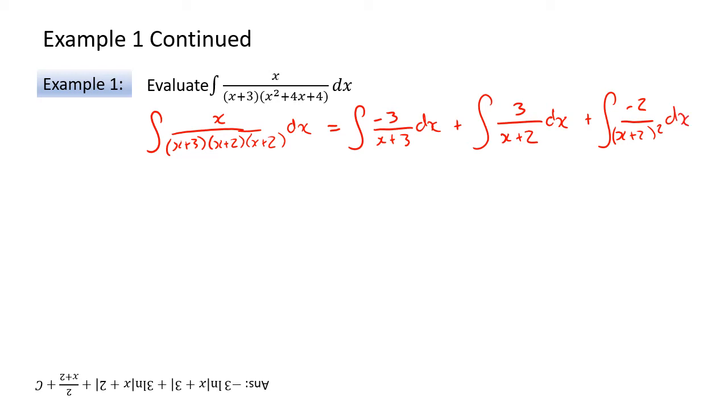Remember, for the term that's divided by the squared, you can rewrite that as negative 2 times x plus 2, and it's to the negative exponent.